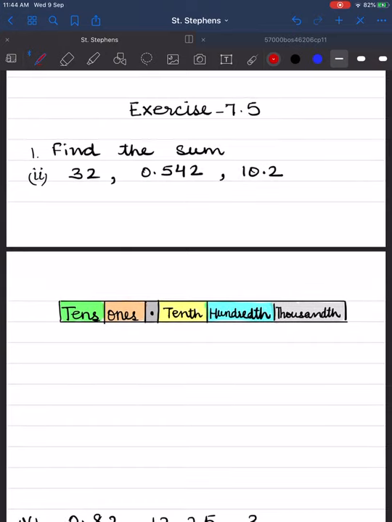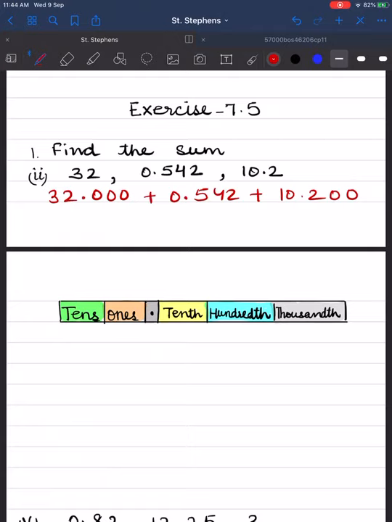Now let's do some questions from exercise 7.5. Question 1. Find the sum. Second part. We have to add 32, 0.542 and 10.2. So let's convert the given decimals into like decimals having three decimal places. So we get here 32.000 plus 0.542 and 10.200. Now let's arrange the decimals in the place value chart.